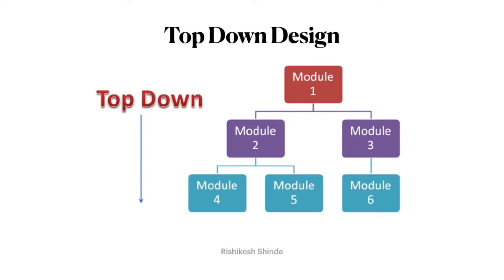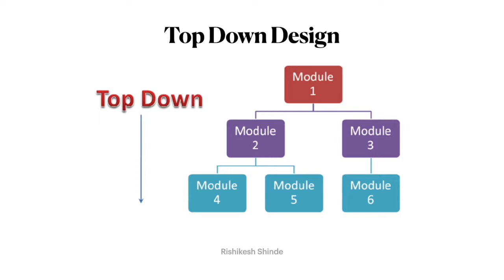Each subsystem is then refined in greater detail, sometimes in many additional subsystem levels, until the entire specification is reduced to base elements. So in this figure you can see that module 1 is divided up to the level of module 4, 5 and module 6. So that is the complete breakdown.